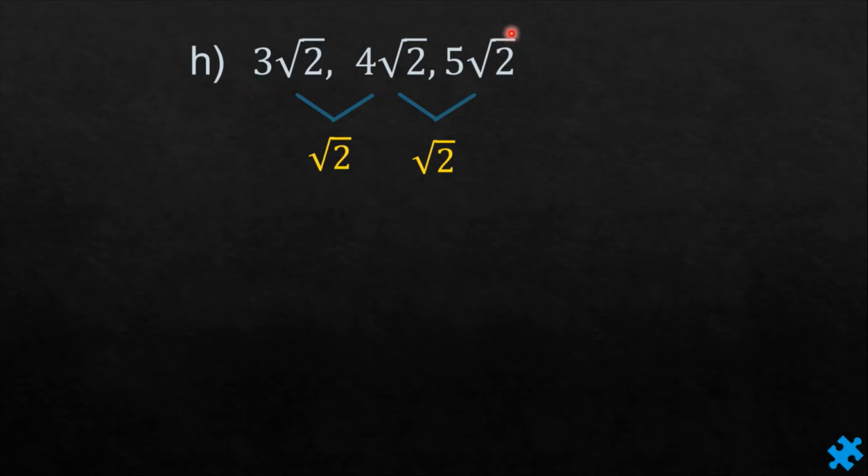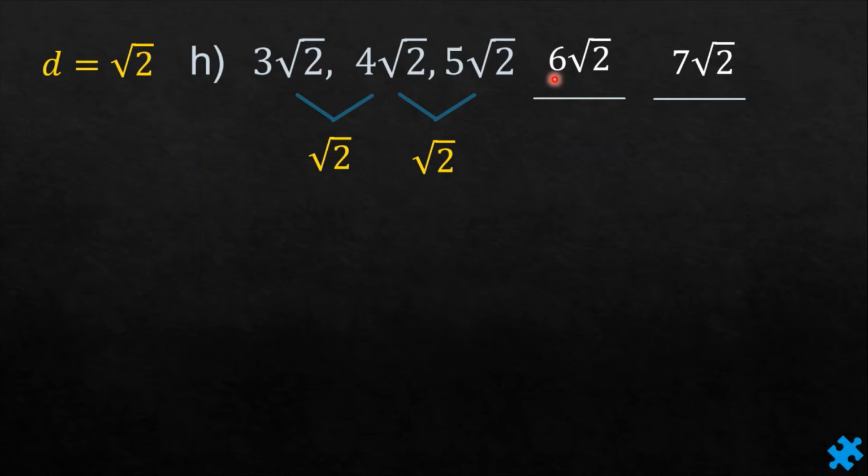Definitely, this is an arithmetic sequence wherein the common difference is square root of 2. To find the next two terms, we add square root of 2 to each of the terms. So, para makuha, 5 square root of 2 plus square root of 2 is 6 square root of 2. And 6 square root of 2 plus square root of 2 is equal to 7 square root of 2.